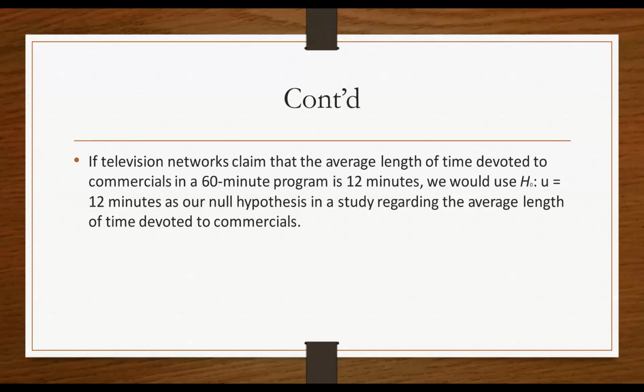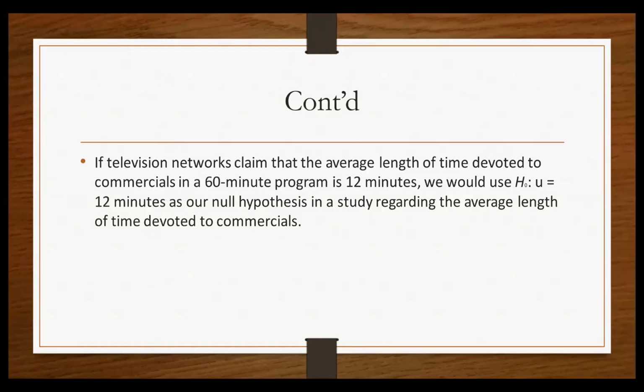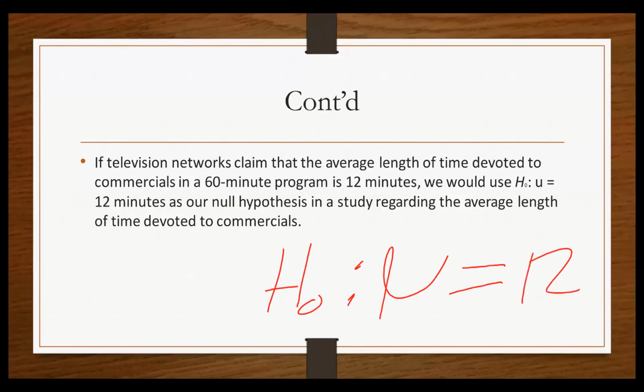The mean in the claim is called mu. So your mu is 12, and your null hypothesis will be mu equals 12 minutes. You get the point?